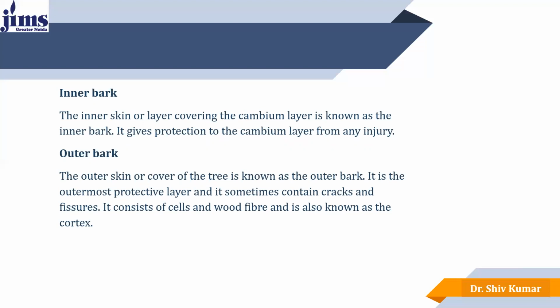It may be green, brown, or dark brown, so multiple colors can be seen. The outer skin that covers the tree is known as the outer bark. It is the outermost protective layer and sometimes contains many cracks and fissures. It consists of cells and wood fiber and is also known as the cortex of the plant.